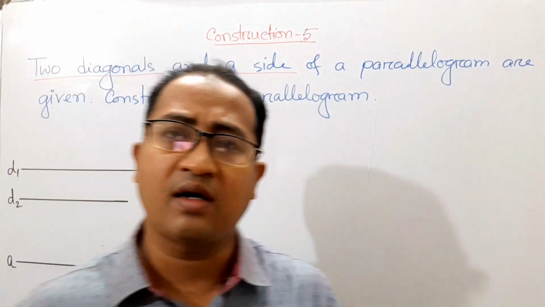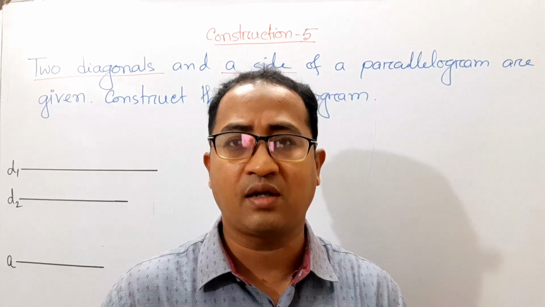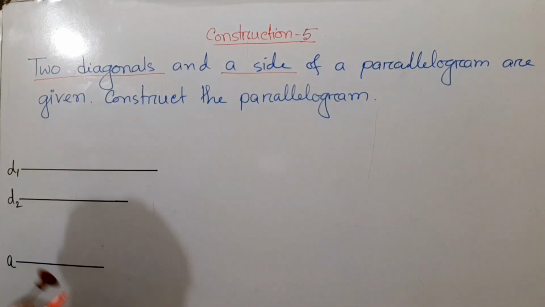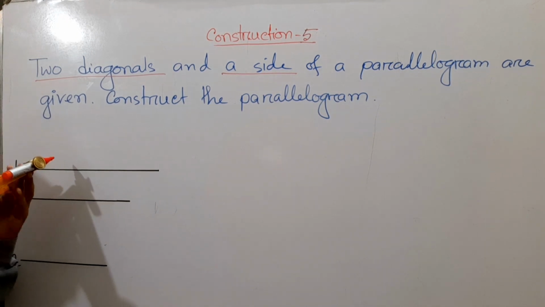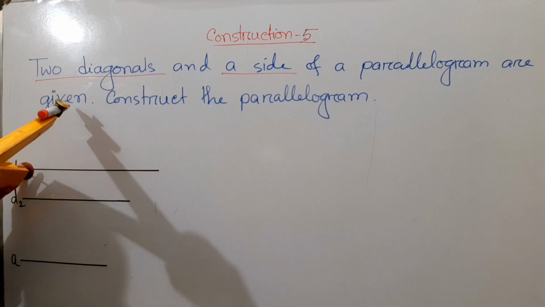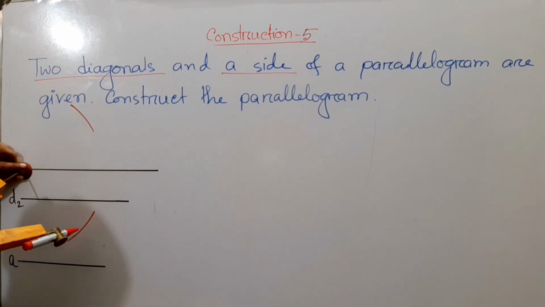How to bisect a line? I think all of you know from the previous classes how to bisect a line. I will show you again. With centering any end point, we take the radius more than half of that, draw two arcs.